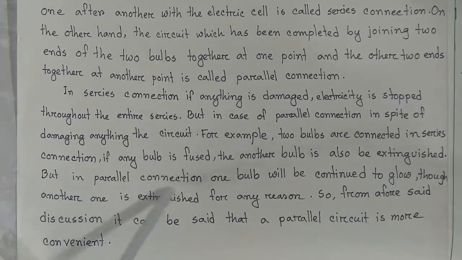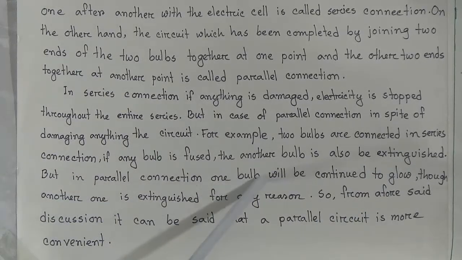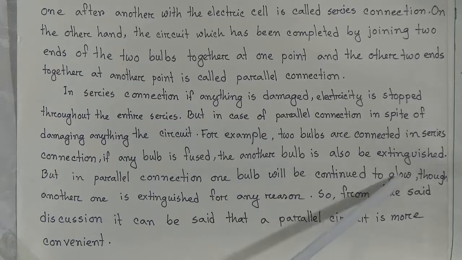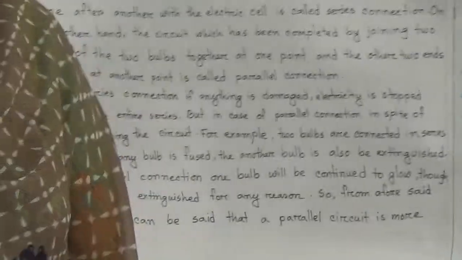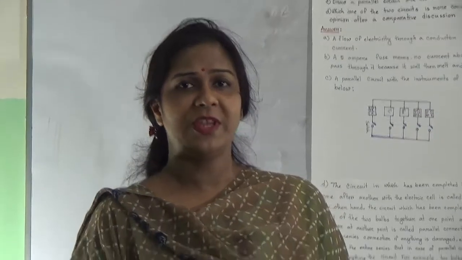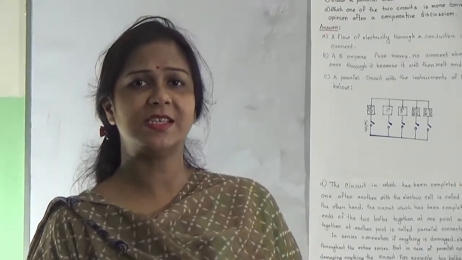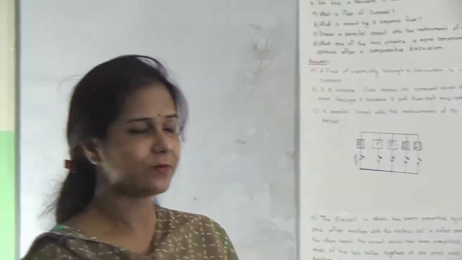But in parallel connection, one bulb will continue to glow though another one is extinguished for any reason. So from the aforesaid discussion, we can say that parallel connection is more beneficial than series circuit.